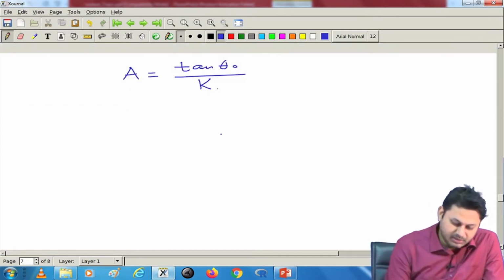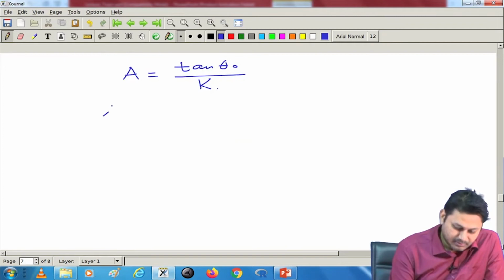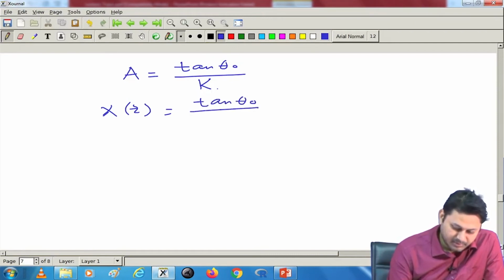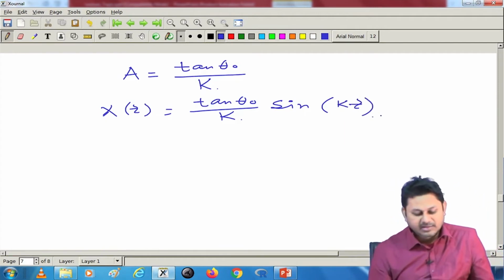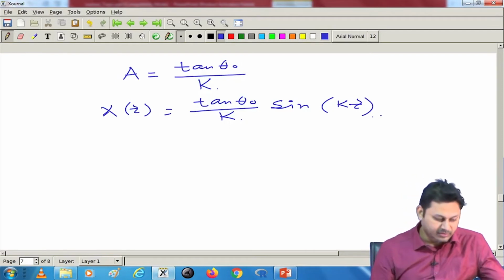So, in totality my path will be something like tan theta 0 divided by k sine of k of z. So, I have a sinusoidal wave.